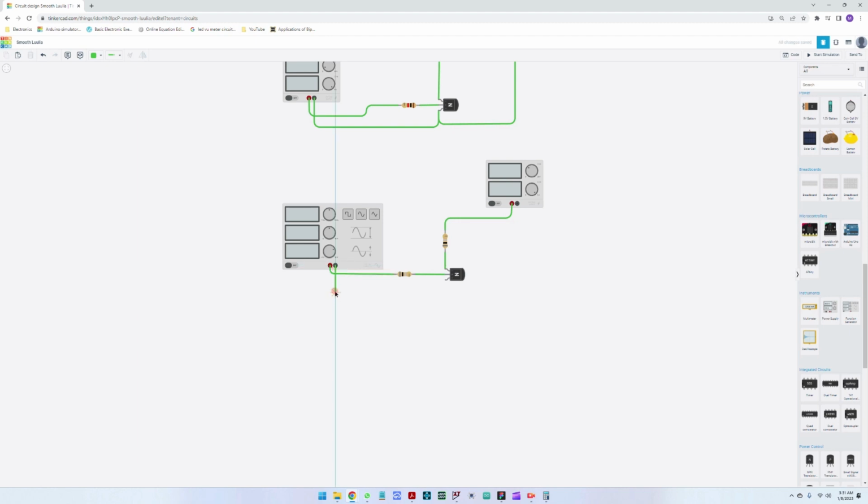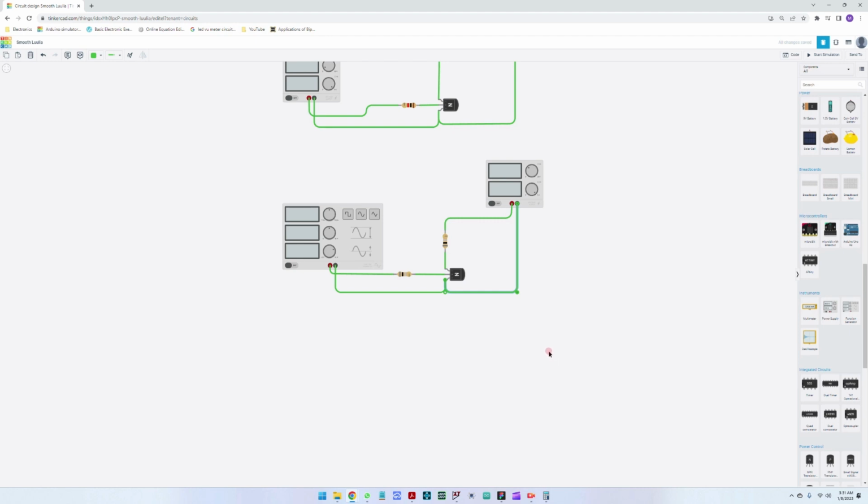And from the negative input from the power supply, we connect to the emitter, and the negative from the other supply, we connect also to the emitter. So we have the same reference voltage level, which is negative from the signal generator, negative from the power supply. Great.